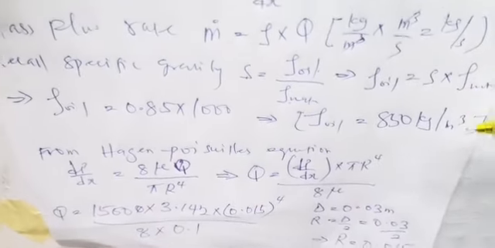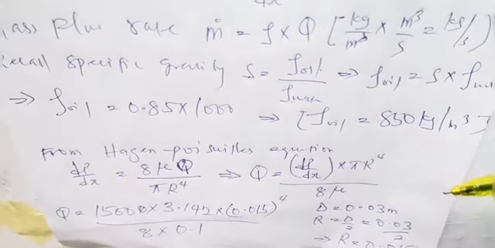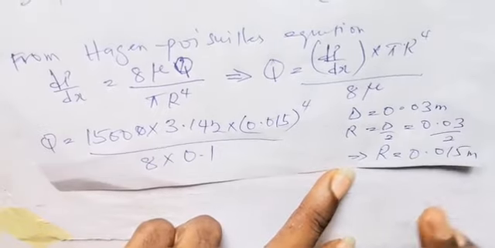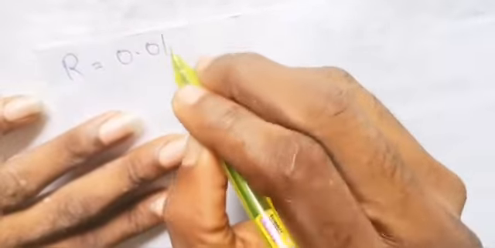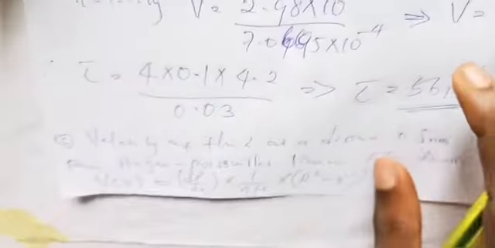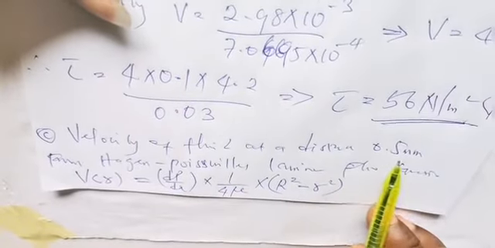We already obtained R earlier. That's the radius of the pipe, the bigger radius, which is 0.015 in meters. Now the distance, the radial distance, the smaller r, was given to us in the question. It said calculate the velocity at a distance of 0.5 millimeters.